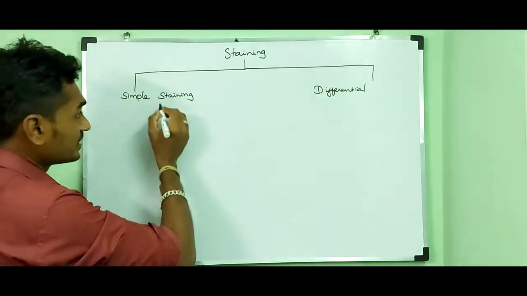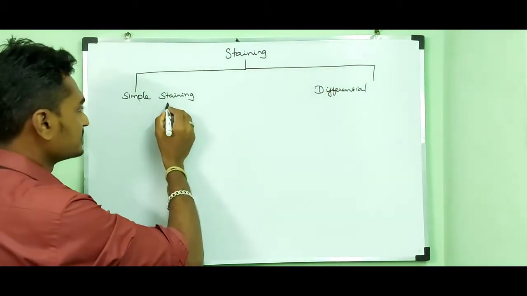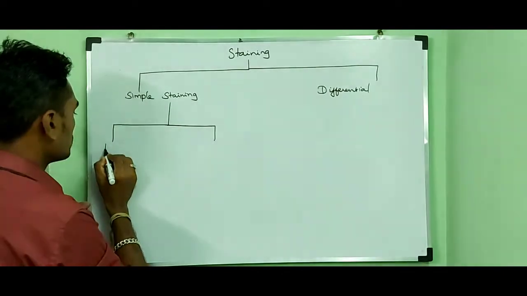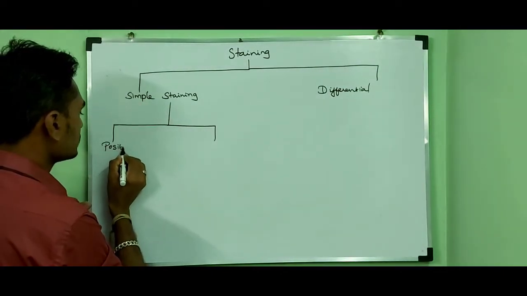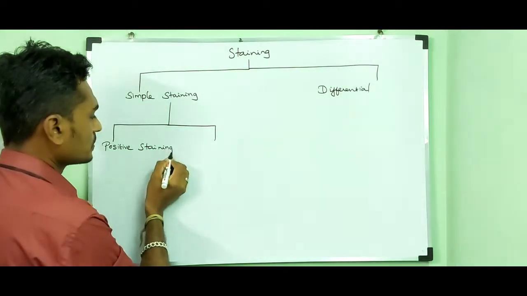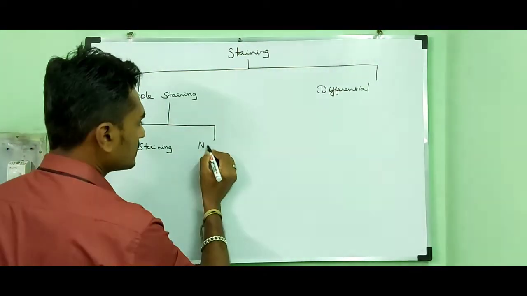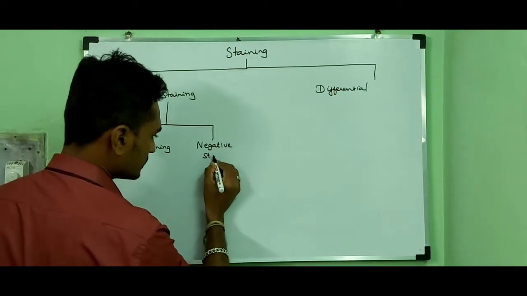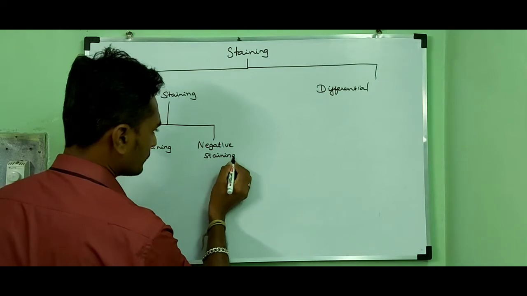Then simple staining process is again classified into two types. They are positive staining procedure, then negative staining process.